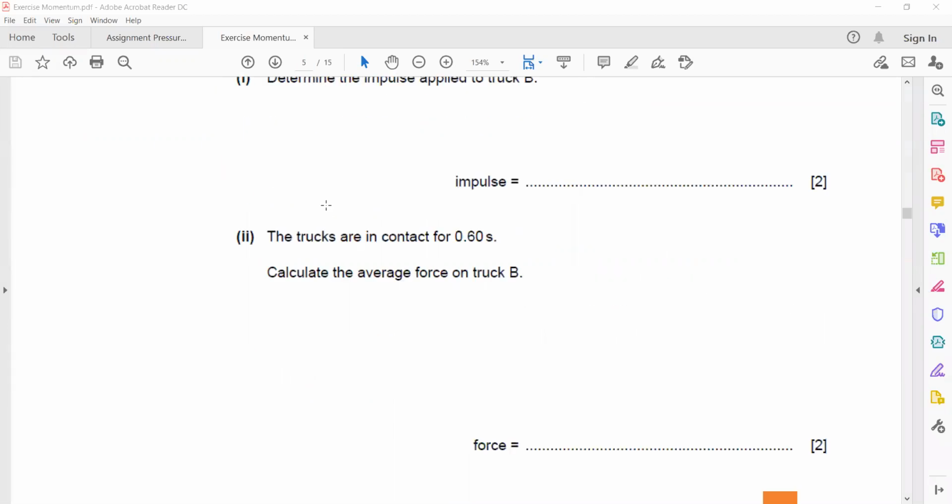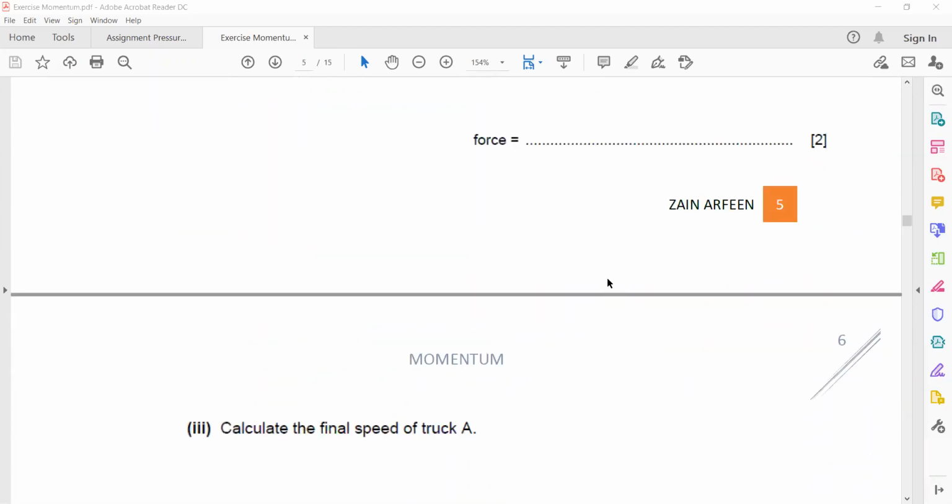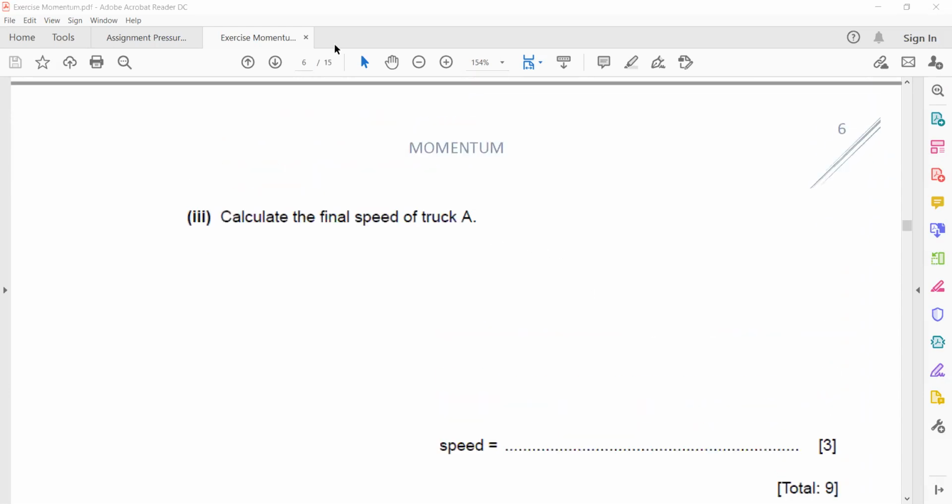And the last part, calculate the final speed of truck A. So how to calculate the final speed of truck A? When two objects are colliding, the momentum before collision is equal to the momentum after. The total momentum before collision for two objects is equal to the total momentum after collision.